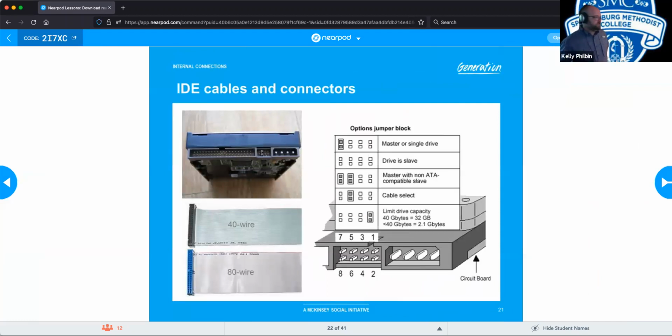Now, IDE cables. Here's what we were talking about before. You can see much clearer here than the hand gestures I gave you earlier. It is a much wider cable like this. It is a flat ribbon with the standard IDE connector on each, used to connect to your drives.